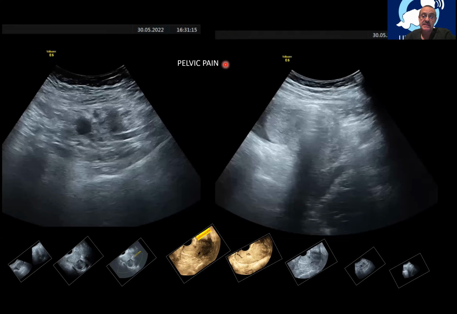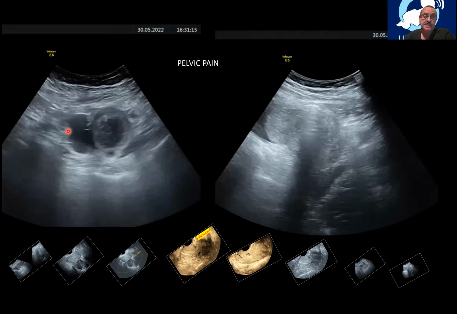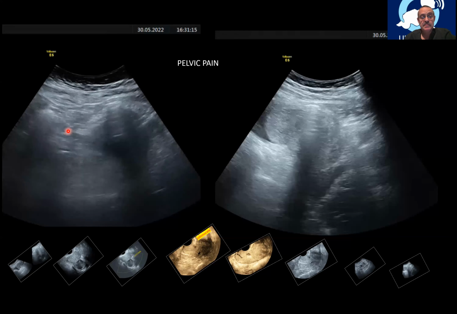Okay, this lady's complaint is pelvic pain. Let's see what happens if we search her pelvis through the transpelvic approach. Here we're using a convex probe, suprapubic, and let's see. That was an ovary.